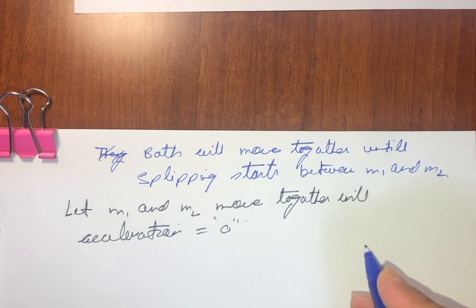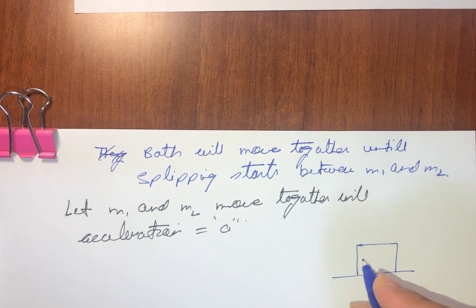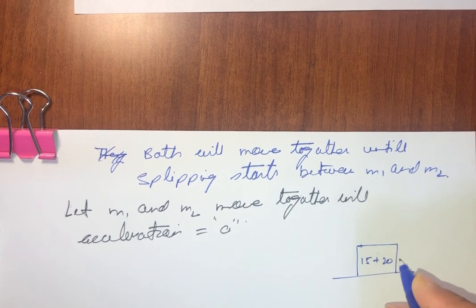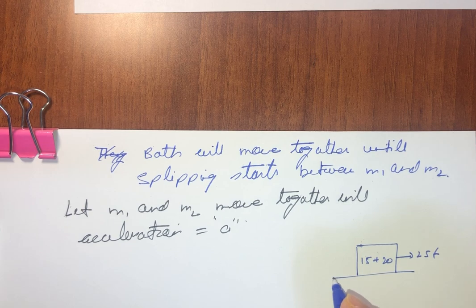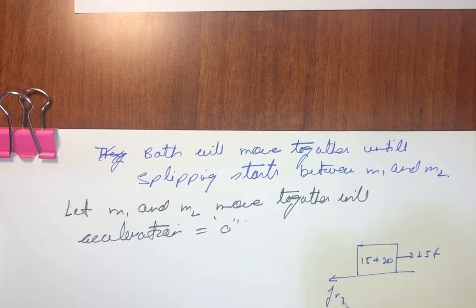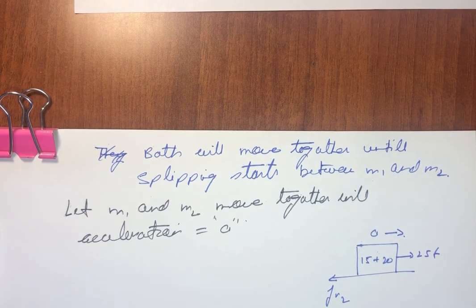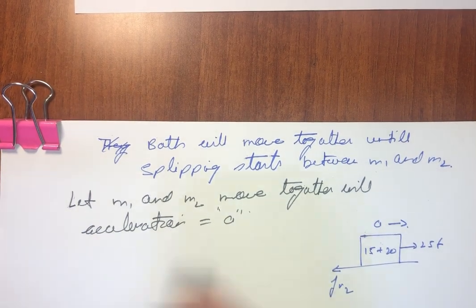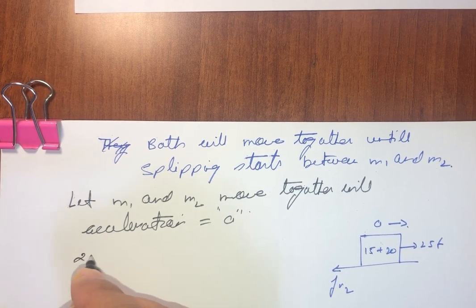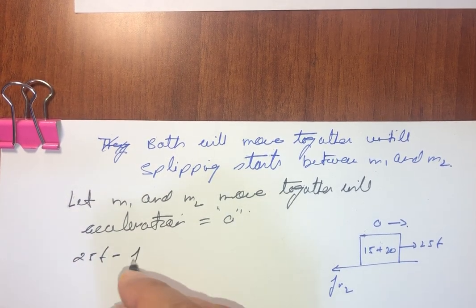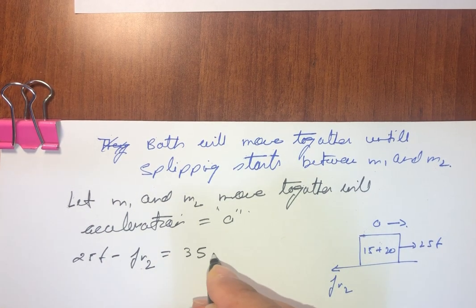So we can draw this. This is 15 plus 20. A force of 25T is being applied, and there is a friction of FR2, and they are moving with the acceleration a. So we can write the equation 25T minus FR2 is equal to 35a.